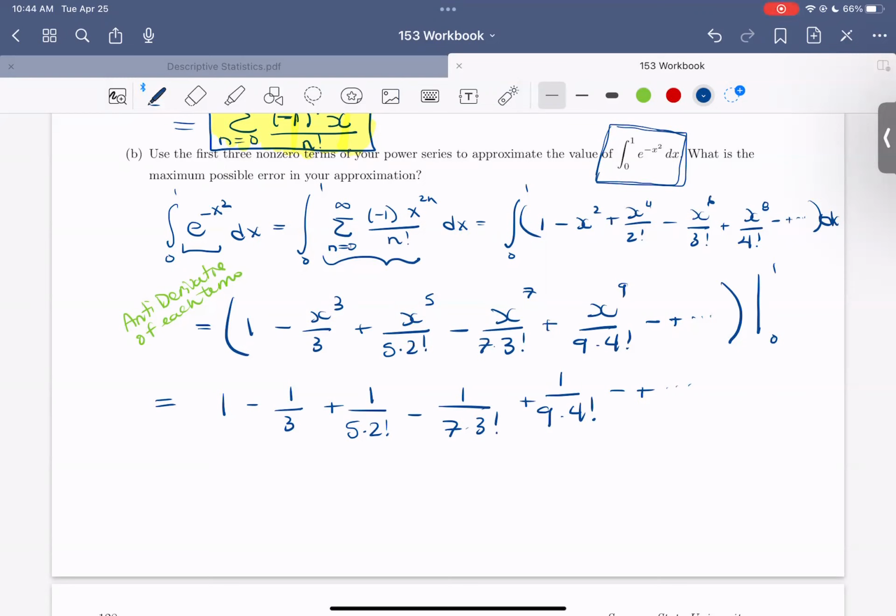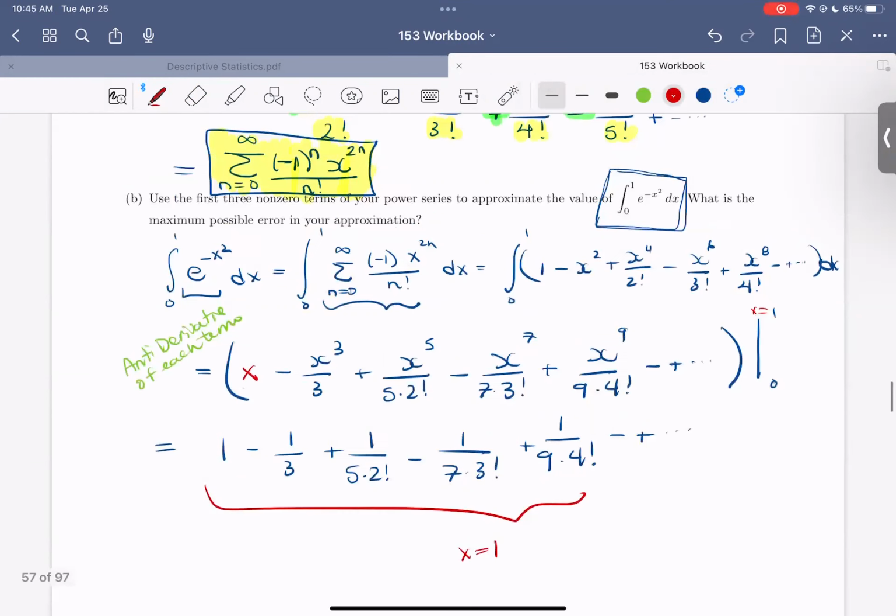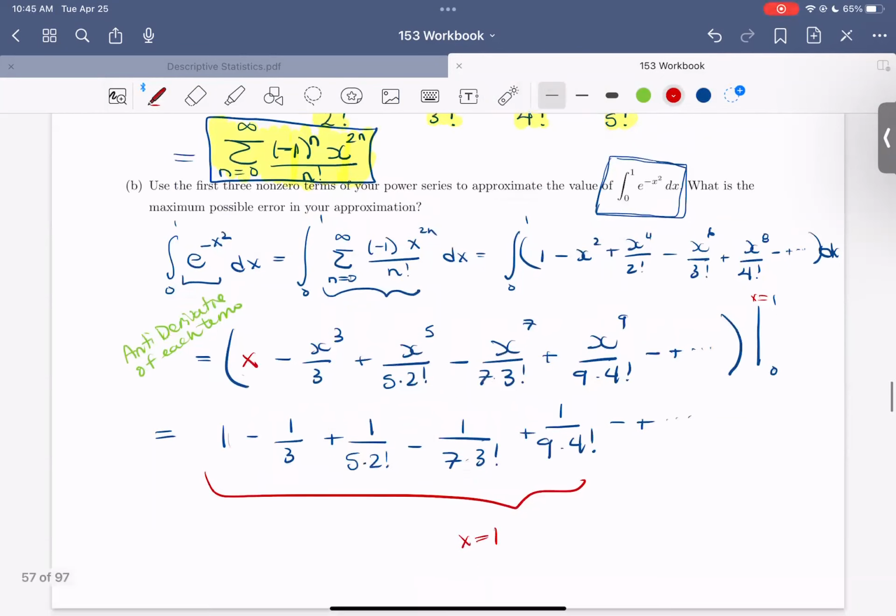And so notice, that was just when x equals 1. And I hope you saw this error here: the antiderivative of 1 is x. So I'm going to use red so that you can correct your notes too. This should be an x here. But when I plug in x equals 1, I get out 1.